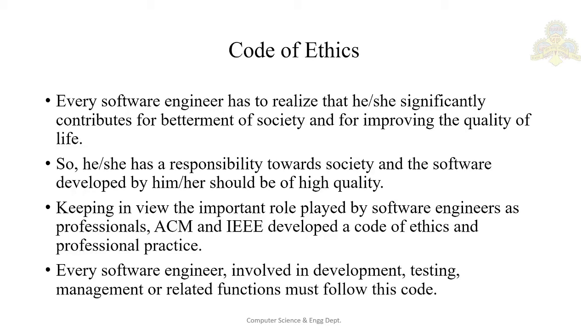So, keeping in view the important role played by software engineers as professionals, the ACM and IEEE have developed a code of ethics and professional practice. Every software engineer involved in development, testing, management, or any related functions must follow this code.